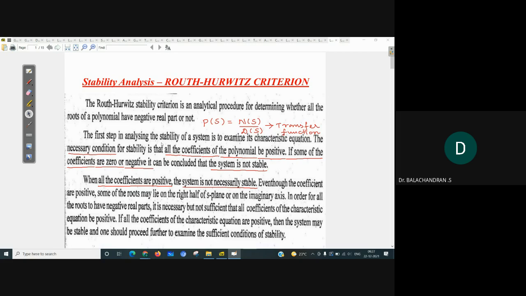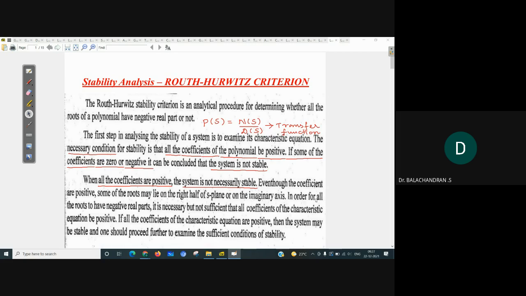Suppose all the roots of the polynomial have negative real part, then it is stable. Again, when all the coefficients are positive, the system is not necessarily stable, as some roots may lie on the right half of the S plane or on the imaginary axis.